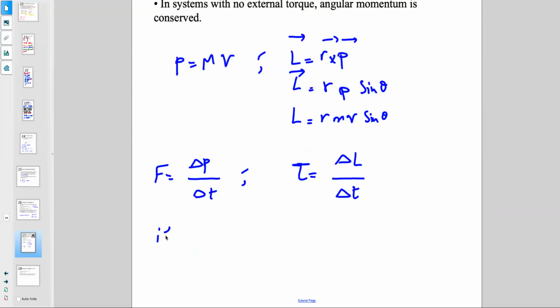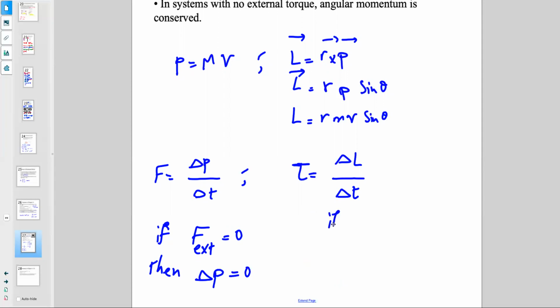So if no force is acting on the object, so if F external is 0, then delta P is 0, or we have the conservation of linear momentum.